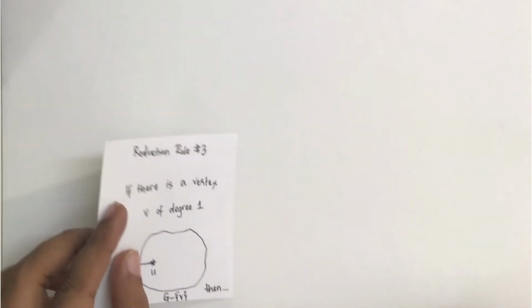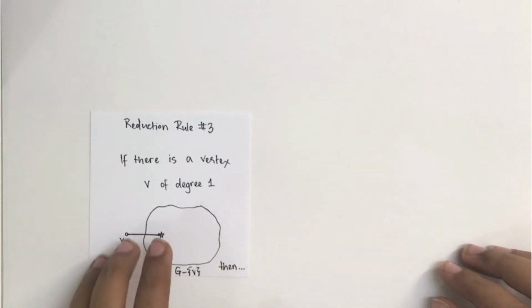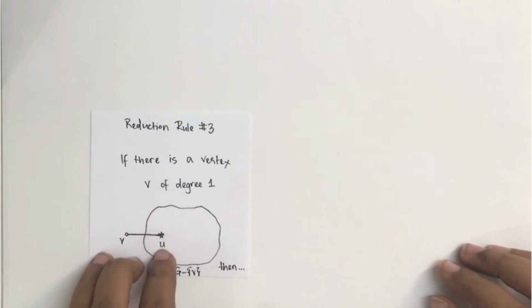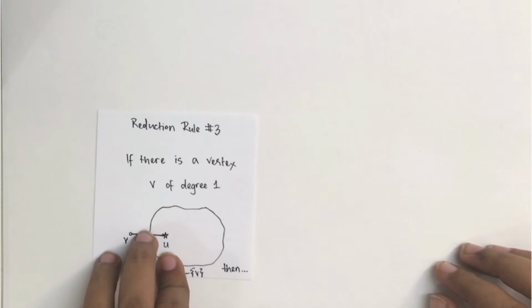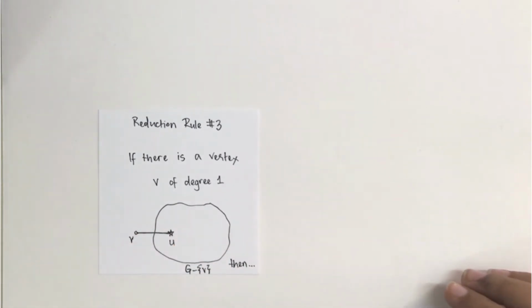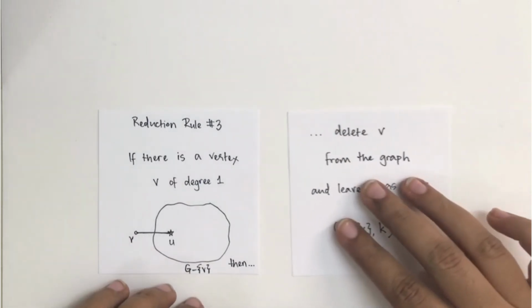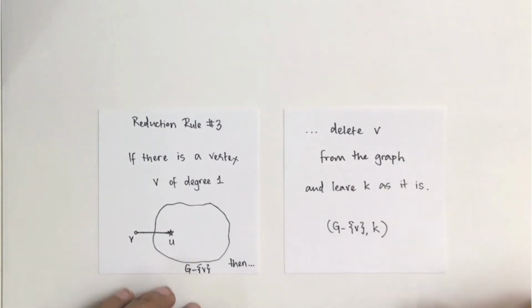Okay, what if you have a vertex whose degree is 1? Remember that for vertex cover, for instance, if you see a vertex of degree 1, you might want to immediately choose its neighbor. But of course, we are now talking about feedback vertex set. So what we're going to do is slightly different. For the reason that degree 1 vertices never participate in cycles, we can get rid of these vertices without changing k.